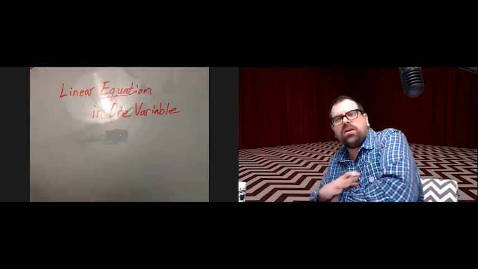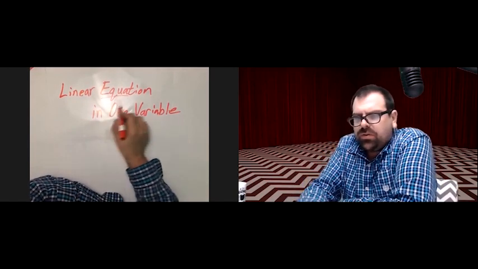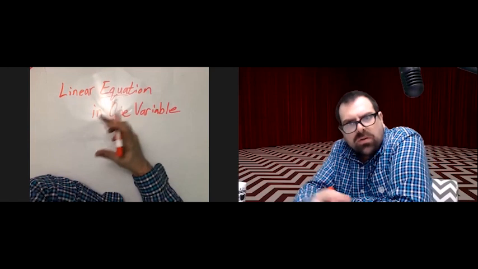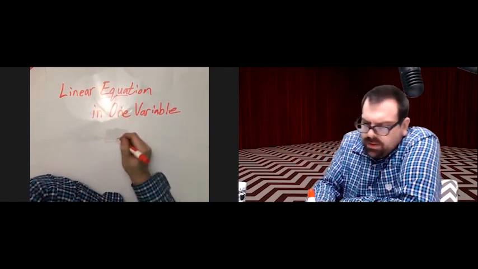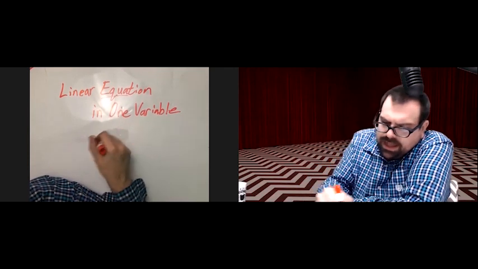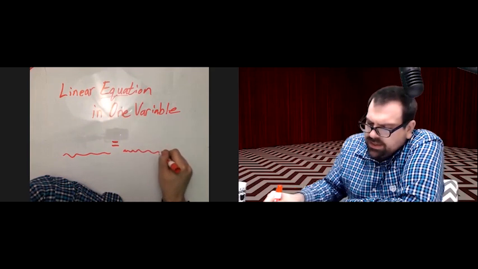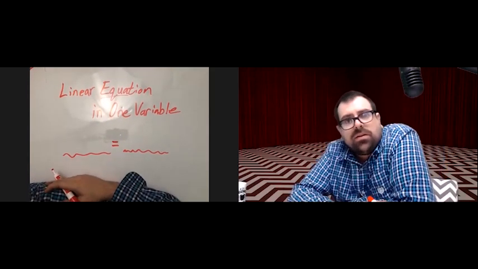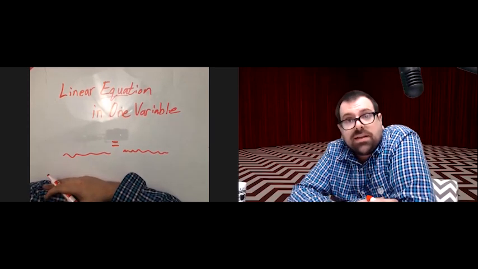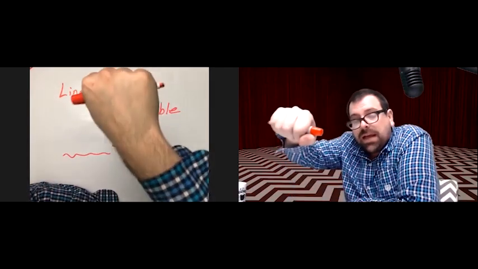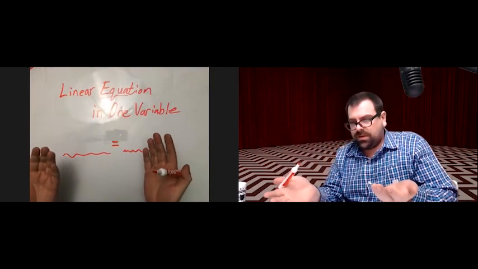And I said before, equations have equal signs. You can see EQUA. Equal is part of the word equation. That means that the left side is equal, exactly the same as the right side. Picture the scales of justice, that statue of the lady with the blindfold on that's holding out the old-fashioned scale.